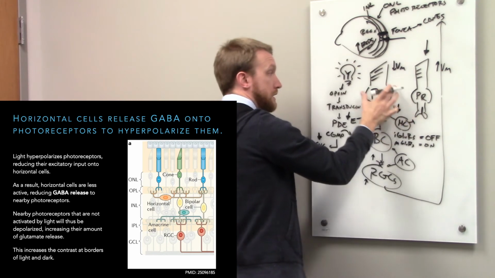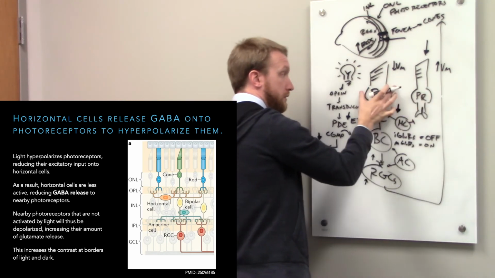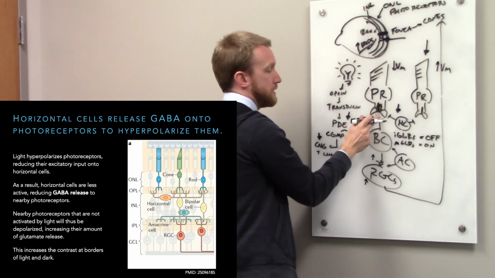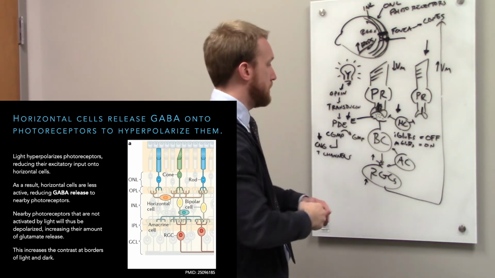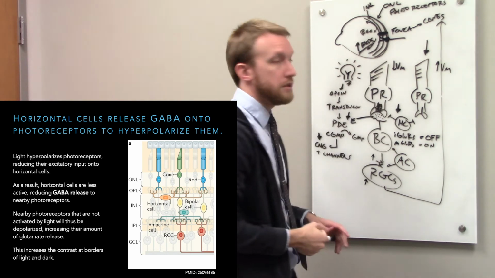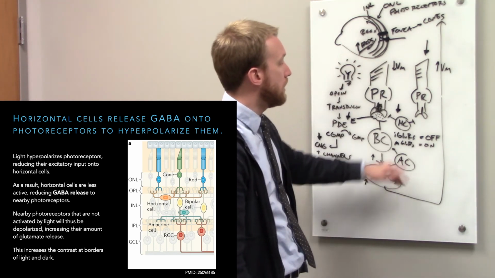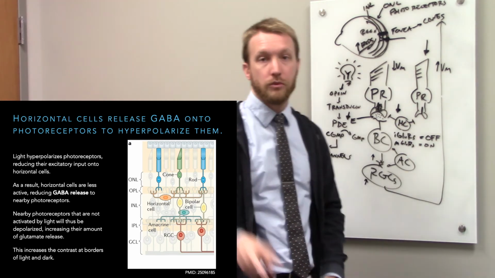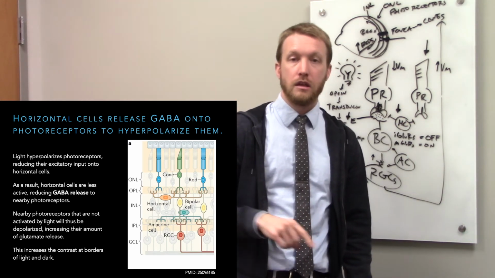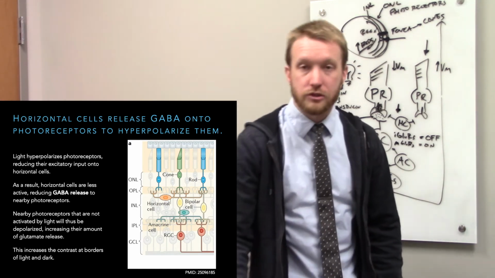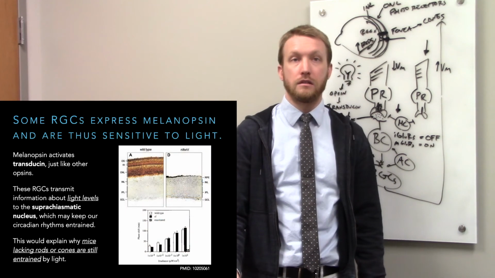That's going to lead to a decrease in GABA release here in the surrounding photoreceptors. They're going to depolarize and we'll get an increase in glutamate, making this section appear darker than it did before and getting the opposite effect here on this retinal ganglion cell. So horizontal cells are going to help with two things: detecting edges, and they're going to create that on-off center surround that we see in retinal ganglion cells.